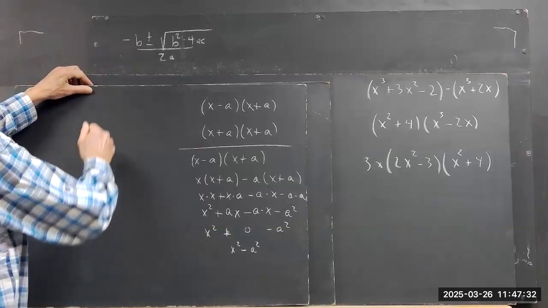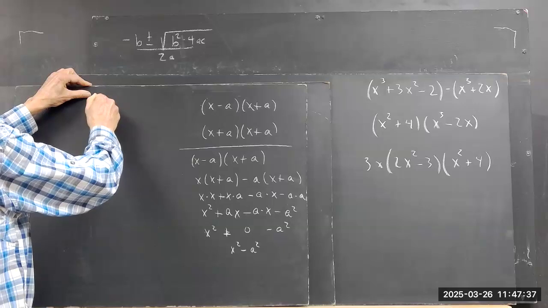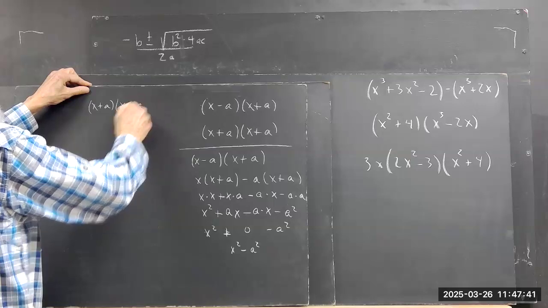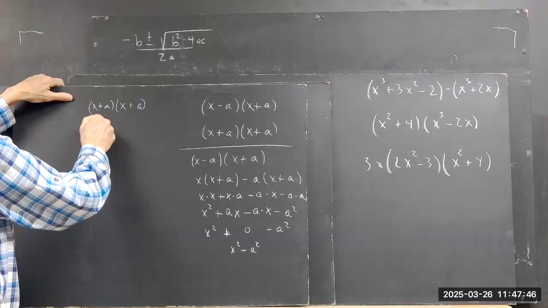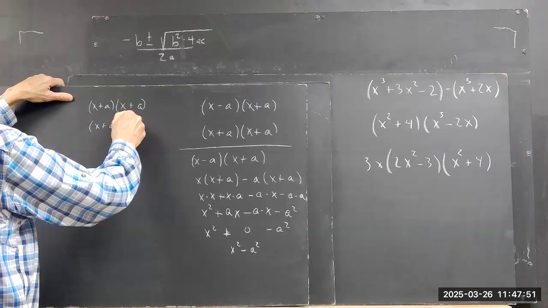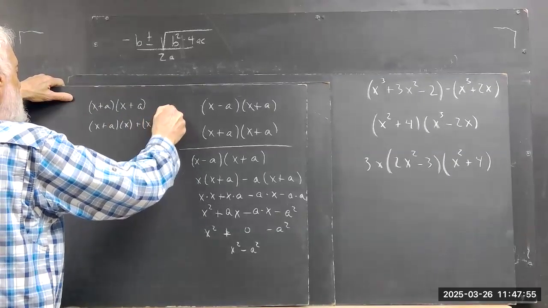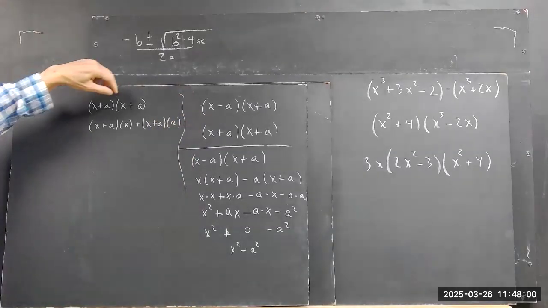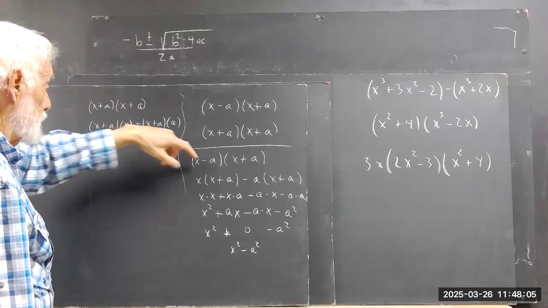Right. X plus a times x plus a. I'll write it this way: x plus a times x plus x plus a times a, separating it over this plus sign instead of this one like we did here.